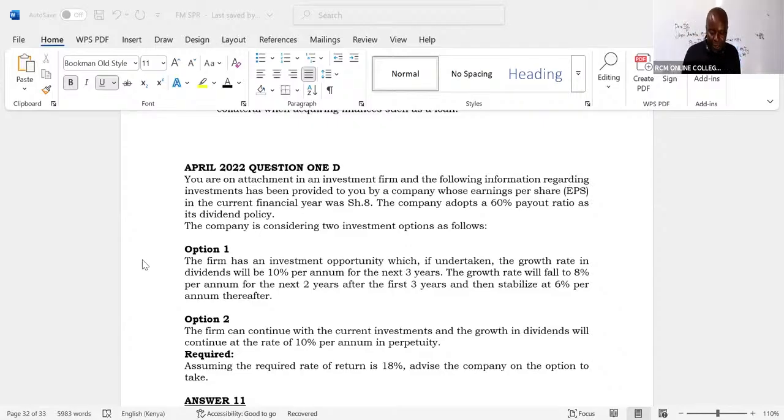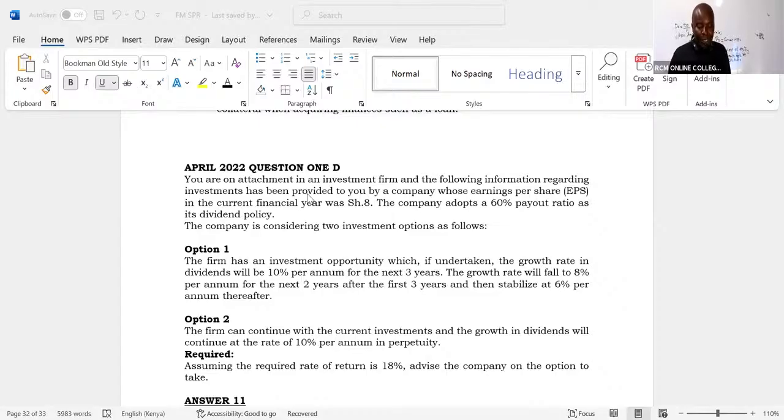You are on an attachment in an investment firm, and the following information regarding investments has been provided to you by a company whose earnings per share in the current financial year was 8. The company adopts a 60% payout ratio as its dividends policy.